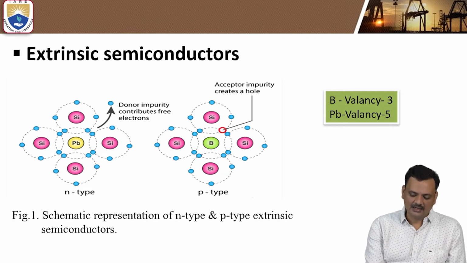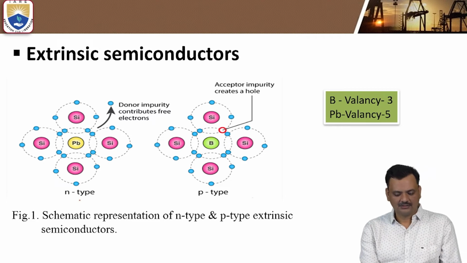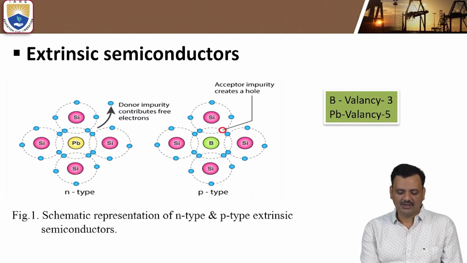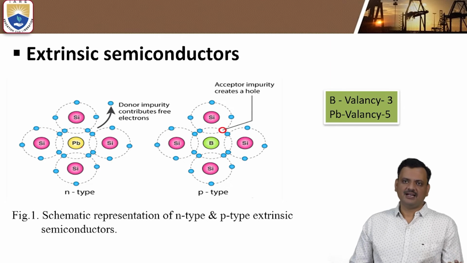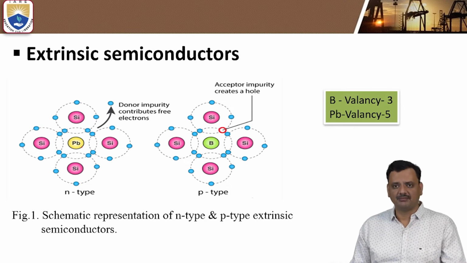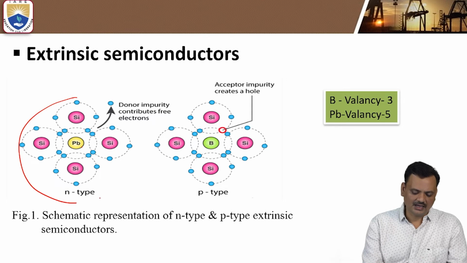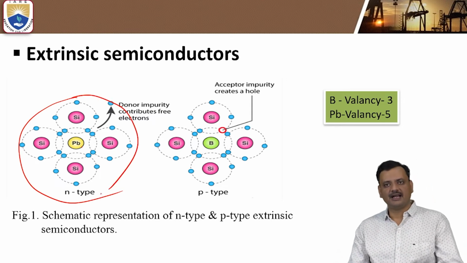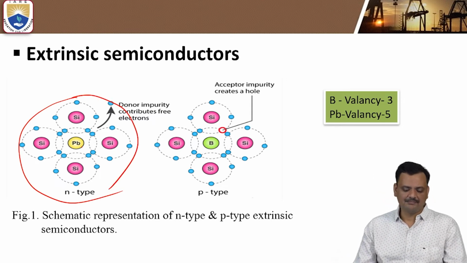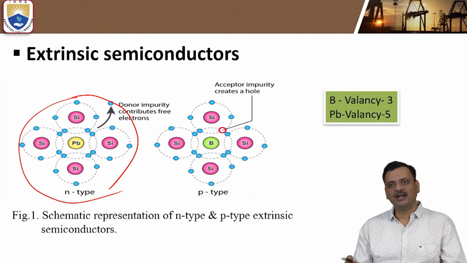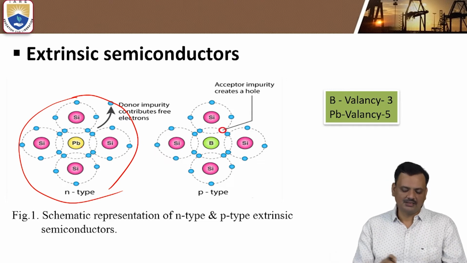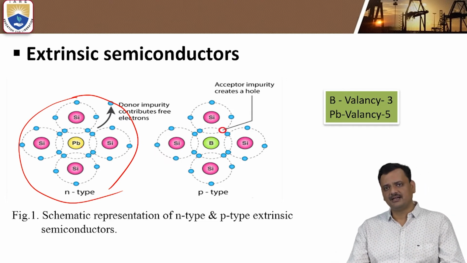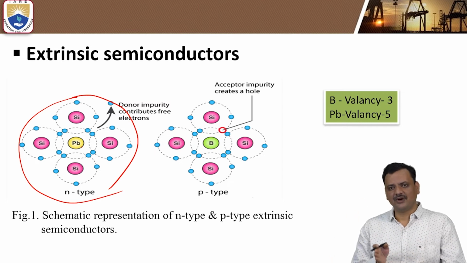Now, if we add antimony, SB, a fifth group element, in the silicon atom lattice, then what will happen? One additional electron will be available. Why? Because this antimony has a valency of 5.